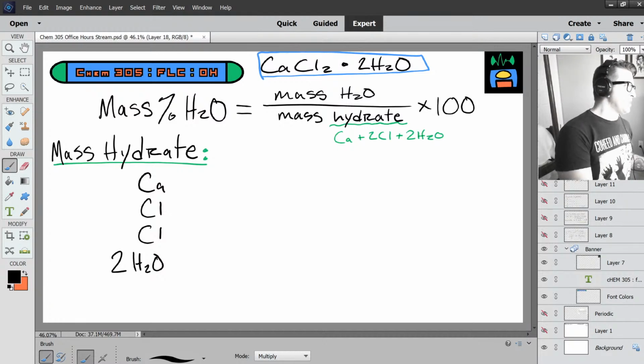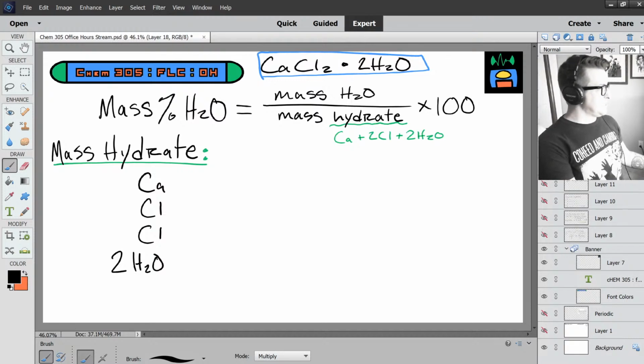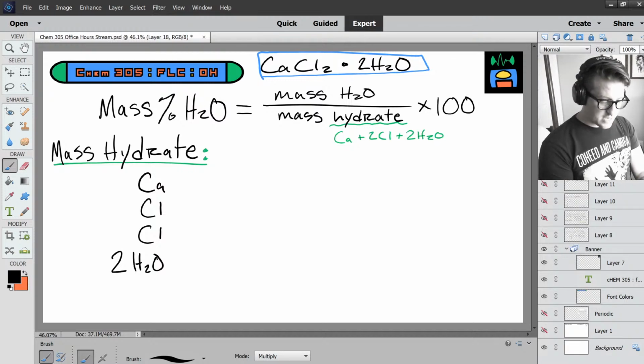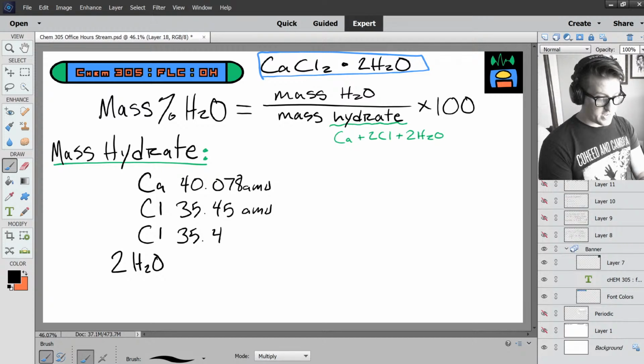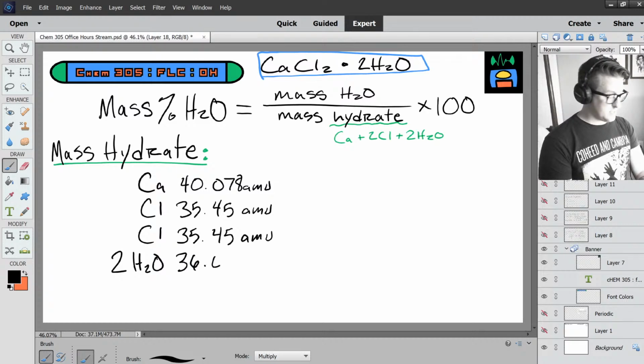Let's pull up these atomic masses. Calcium is 40.078. Chlorine is 35.45. Chlorine is also 35.45. And we just calculated the mass of the two water molecules, which have a mass of 36.04.